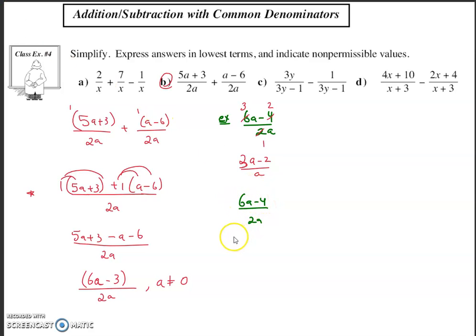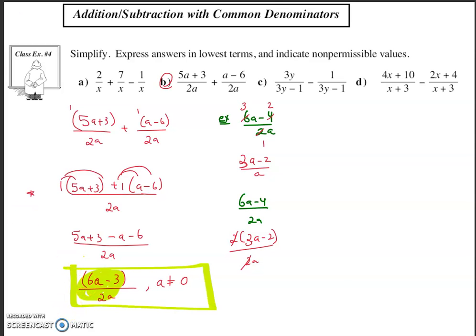So if you said, oh, I can take a 2 out from the top, and then I can also then reduce that 2 with the denominator. So those are the only times you could reduce it. But unfortunately, in our question, there is nothing common. So this is the final answer.